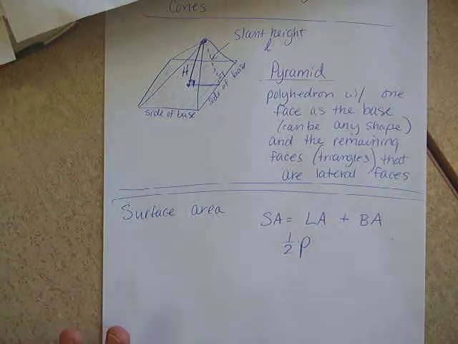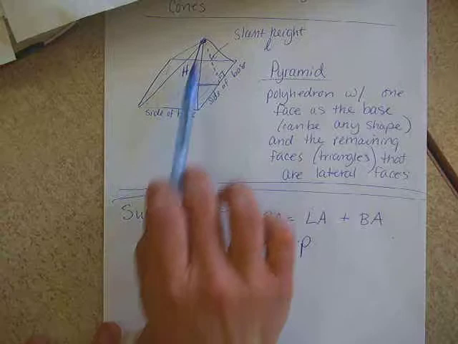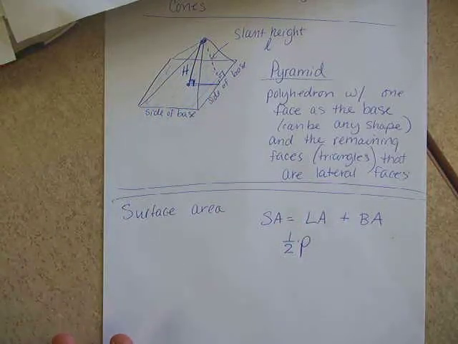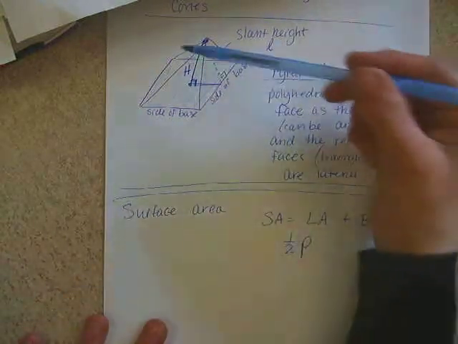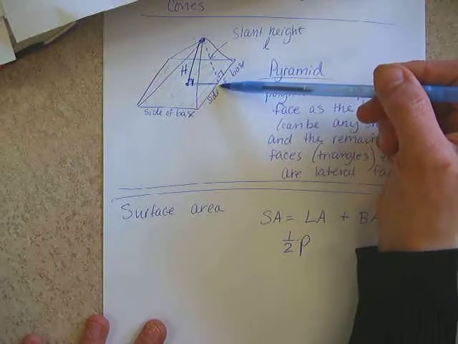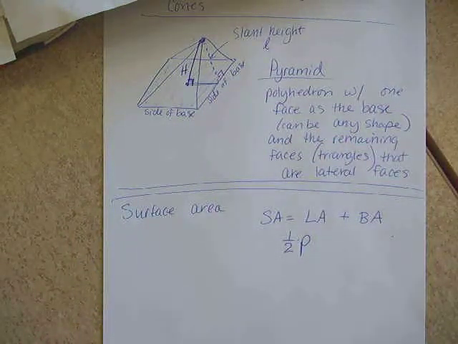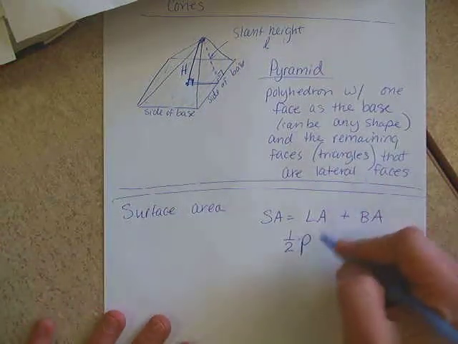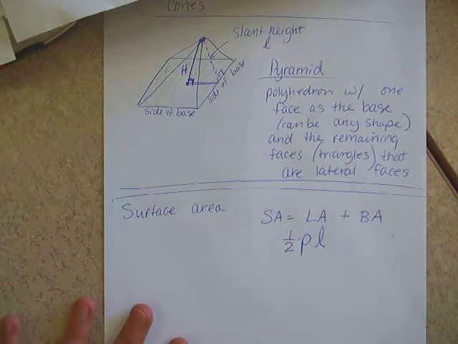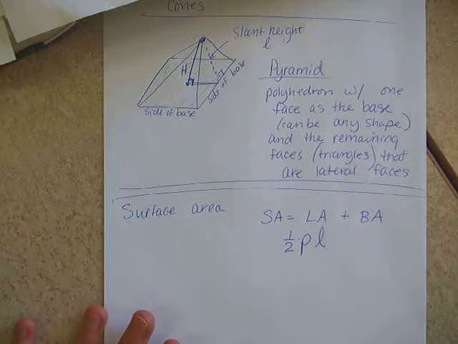We still are going to use the perimeter of the base because each of those is a base of one of my triangles. And then the height of all my triangles should be the same, but it's not the height of the prism, it's the surface height, which is our slant height. So we use L for the height.